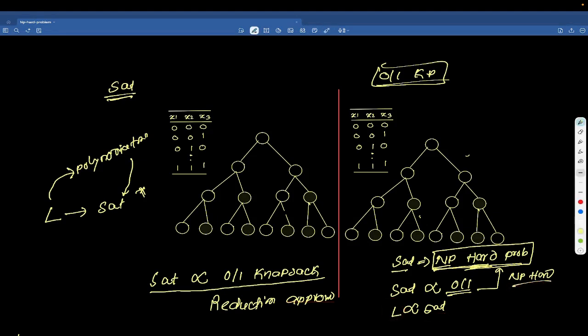Once we prove that a problem L is an NP-hard problem, then we will try to write one non-deterministic polynomial algorithm for the problem L. If I can successfully write one non-deterministic polynomial algorithm for L, then it will be considered an NP-complete problem.